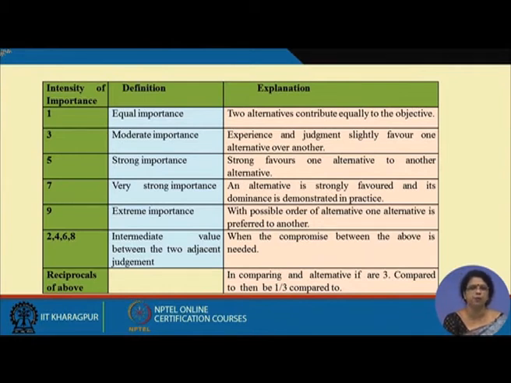With respect to property price, location A is strongly more important than location B. Give 5. But what about B with respect to A? Then it will be 1 by 5. That way you give your preference within the scale.